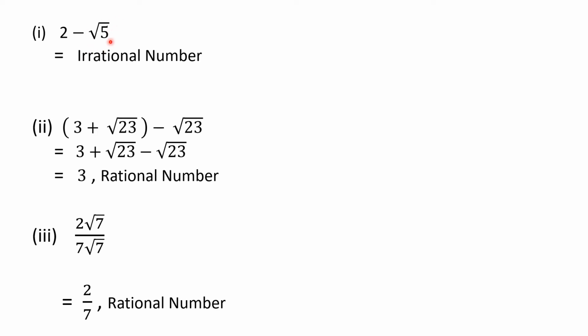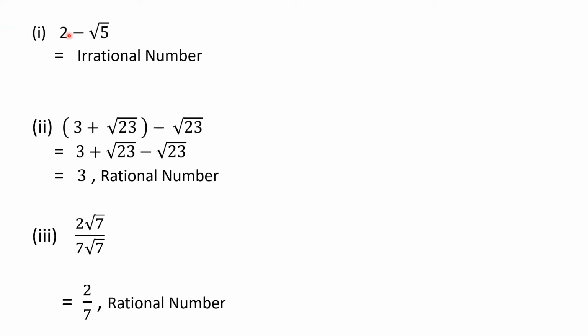I explained to you that whenever we have an irrational number and we multiply or add or subtract any number to it, it still is irrational. So here root 5 is irrational and I subtracted 2 from root 5. Does it make it rational? No, it is still irrational.